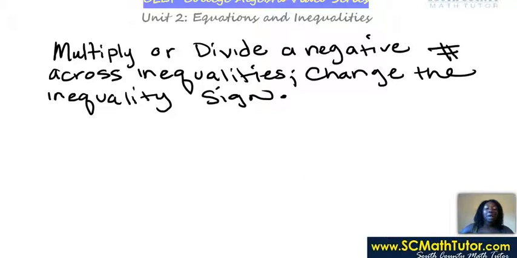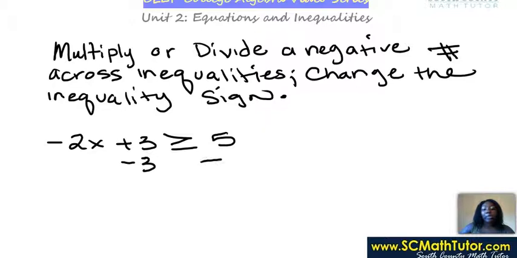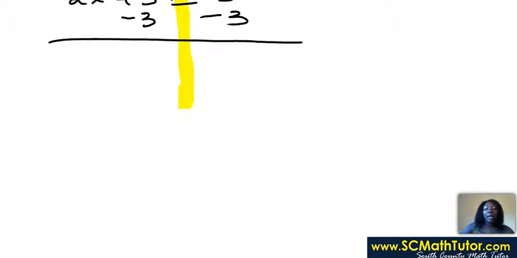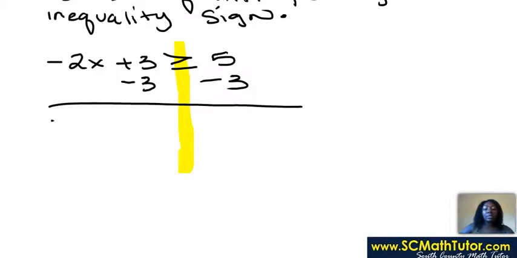For example, if you had negative 2x plus 3 is greater than or equal to 5. You will subtract 3 on both sides, just like you would with linear equations. Subtract 3 on both sides, and you have negative 2x is greater than or equal to 2.